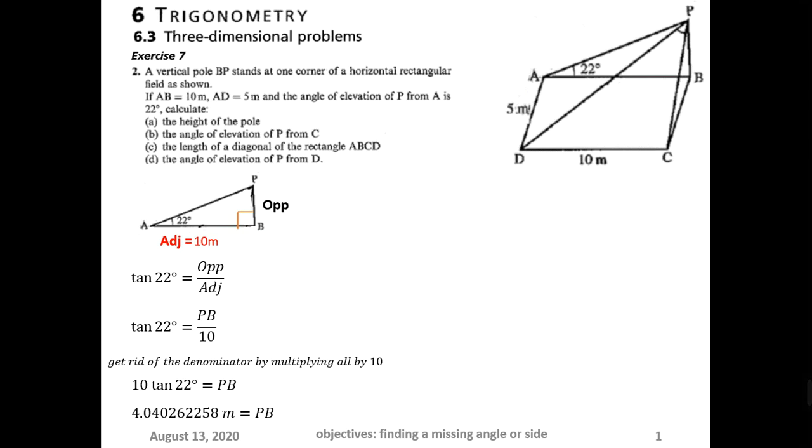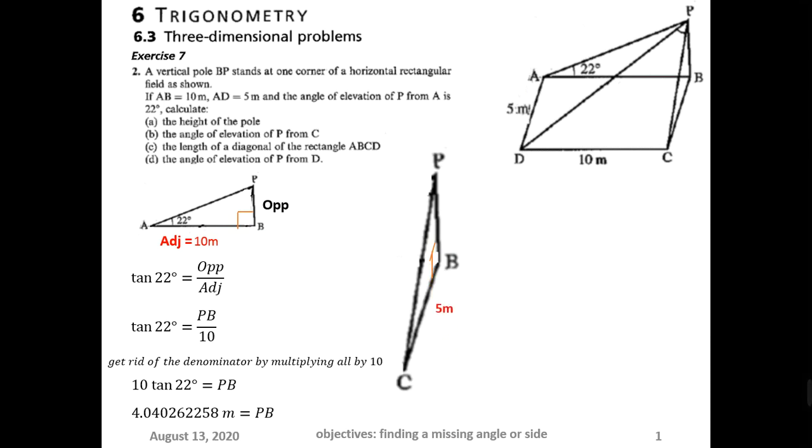And the triangle here is going to be PBC, or we can name it as CBP, which is this one. This is my right angle triangle because the pole is standing vertically on the plane, which is the ABCD.